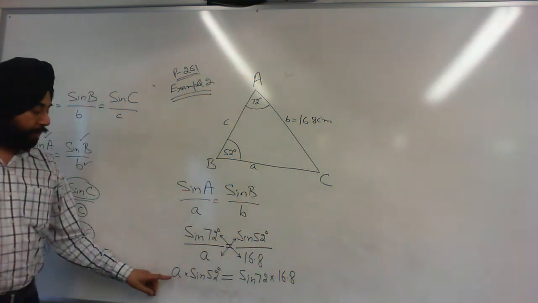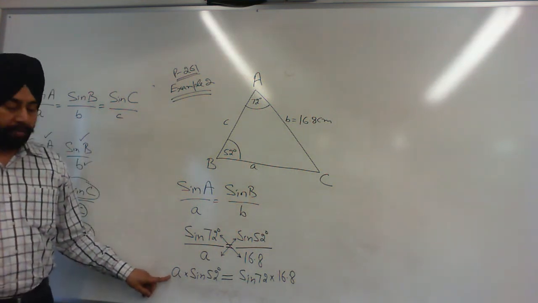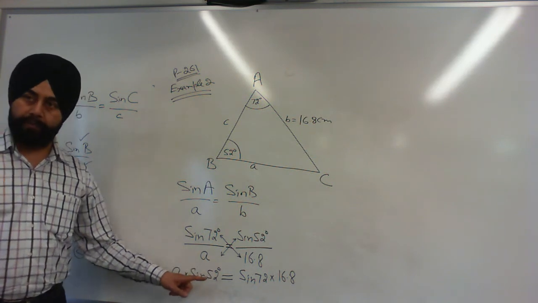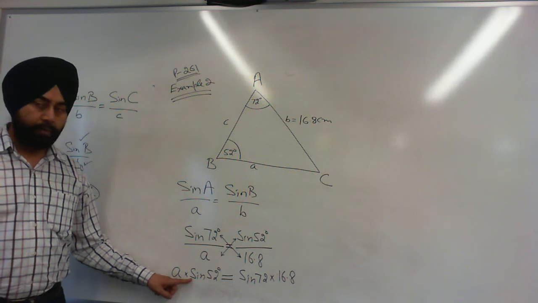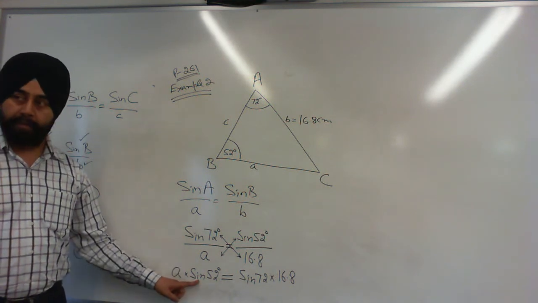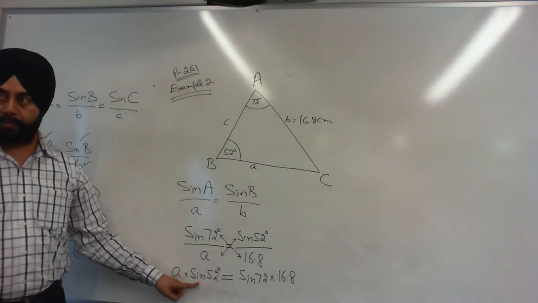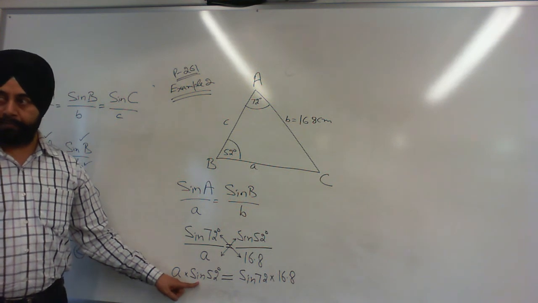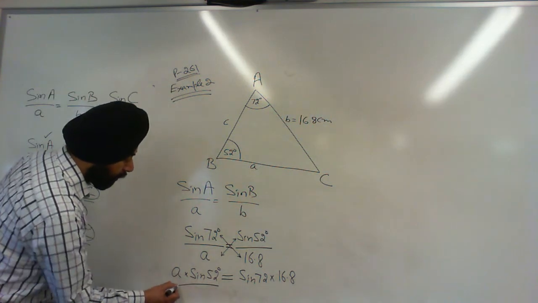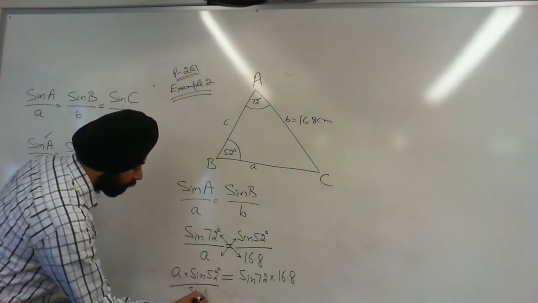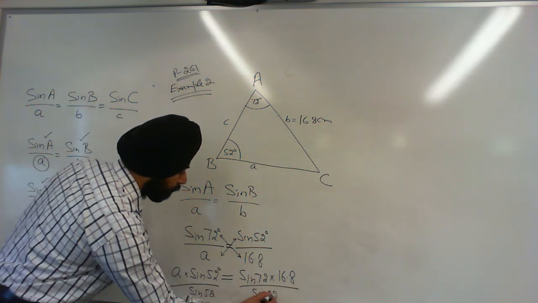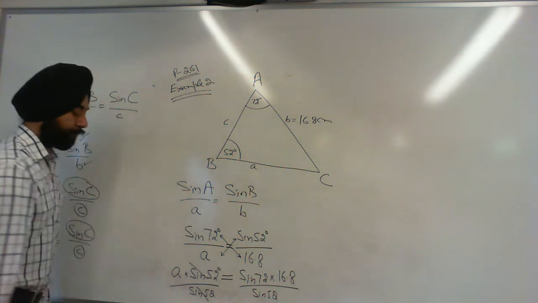Okay, the next step is to isolate A. That means you want to get rid of sine 52. What will you do to remove sine 52? Would you multiply both sides with this number, or divide both sides with this number? Divide, yes. So when you divide both sides by sine 52, this will cancel out.